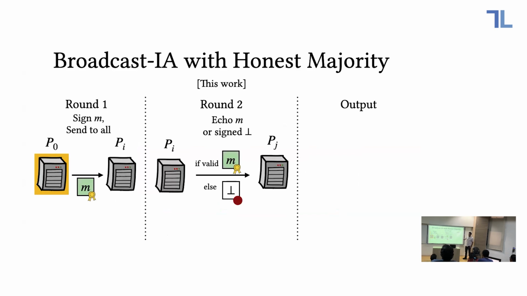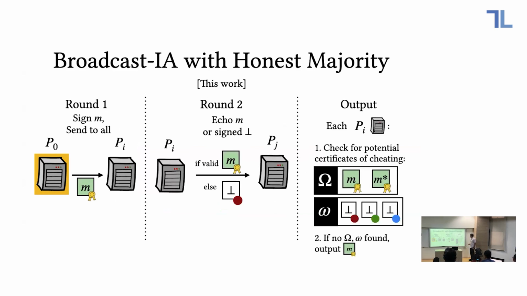But let's say Pi didn't receive anything from P0. Then it instead signs bot, a message saying I received nothing, and sends that to all Pj. Finally, each Pi first checks if it can assemble a certificate. If there are 2 different messages that are both signed by the dealer, that's a very obvious certificate of cheating.